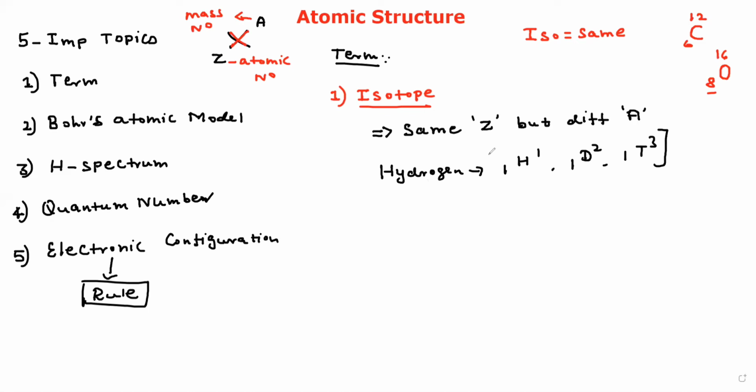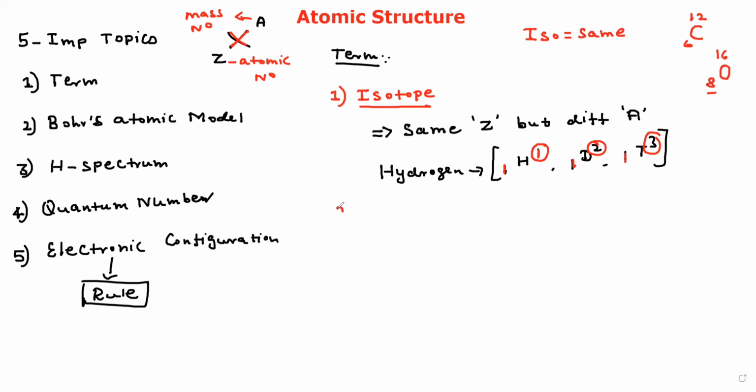In these 3, look at the atomic number. The atomic number of hydrogen is 1, deuterium also 1, tritium also 1. The mass numbers are different: 1, 2, 3. These are isotopes. What is isotope? Same atomic number, but different mass number.